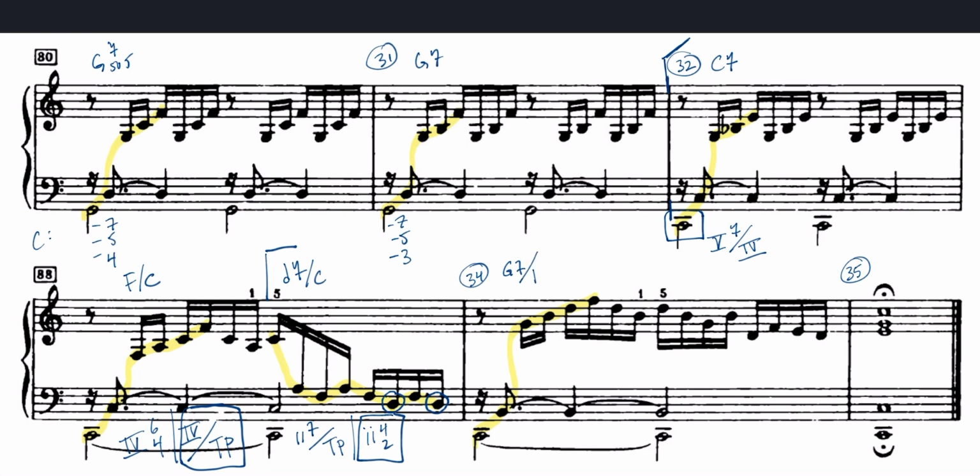So this is a G7 over B, meaning this is a first inversion dominant 7th chord over the tonic pedal, which is C. So as far as the label goes, this becomes a 5, 6, 5, just like that, over tonic pedal.